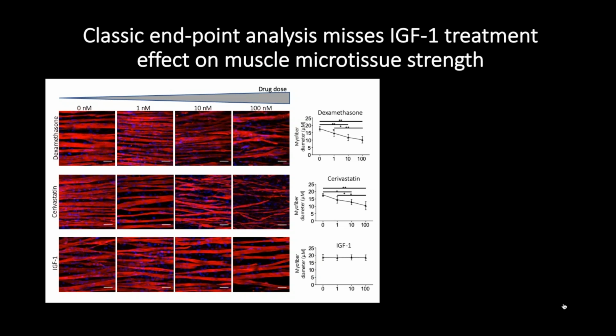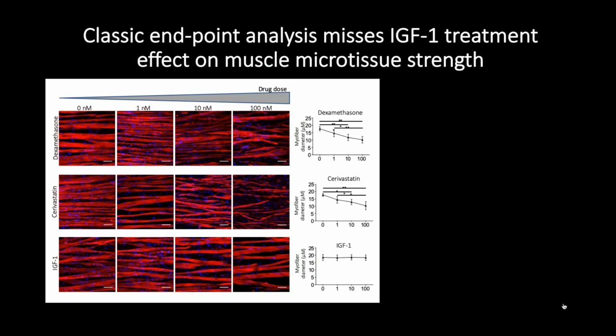And what you can see is that if you apply for 1 week different doses of the 2 drugs that are known to be myotoxic, at the end of your assay, or at your greatest concentration of drug, you can very, very clearly see morphologically that the multinucleated muscle fibers look more disorganized, they're less aligned, and they clearly are much thinner than the muscle fibers that we see in the control condition, so 0 treatment of drug.